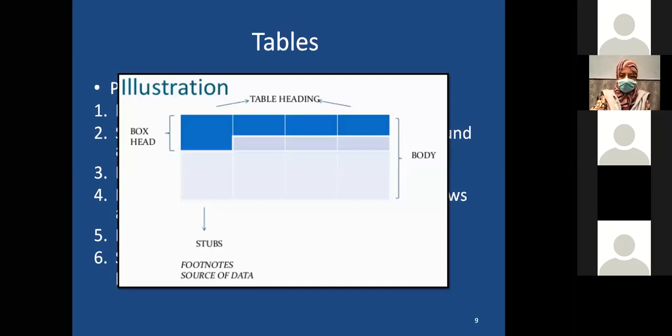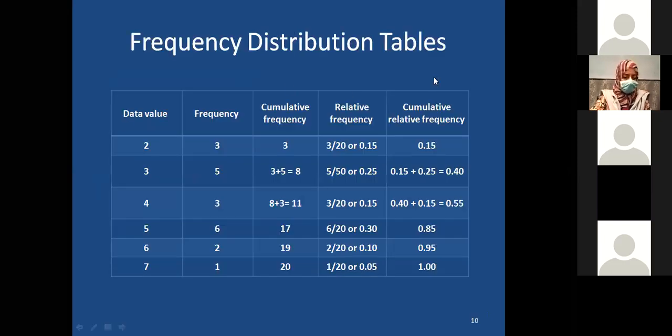So coming towards the frequency distribution table, I am sure you must have done it earlier also, or if you've not done it, you'll be practicing it later on. So these show the frequency of any distribution of your data. For example, the example that I gave you of the families.